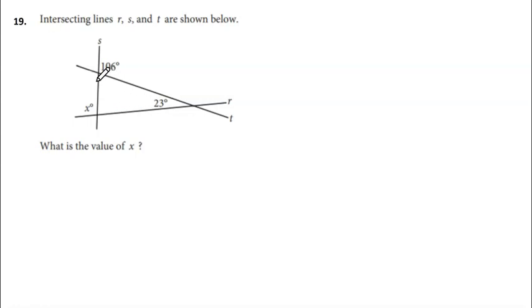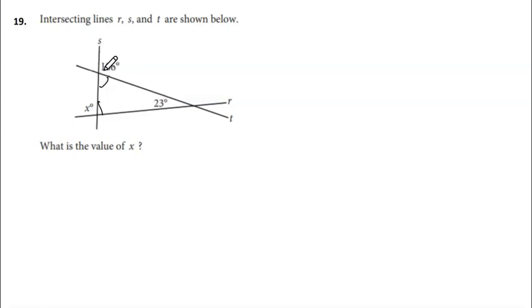Right? So one way to solve this is we can find the angle here and then the angle here. Once we know this angle, we can subtract it from 180 because x is on a straight line with this angle, right? And angles on a straight line total to 180 degrees. Total angle in a triangle is what? 180 degrees.